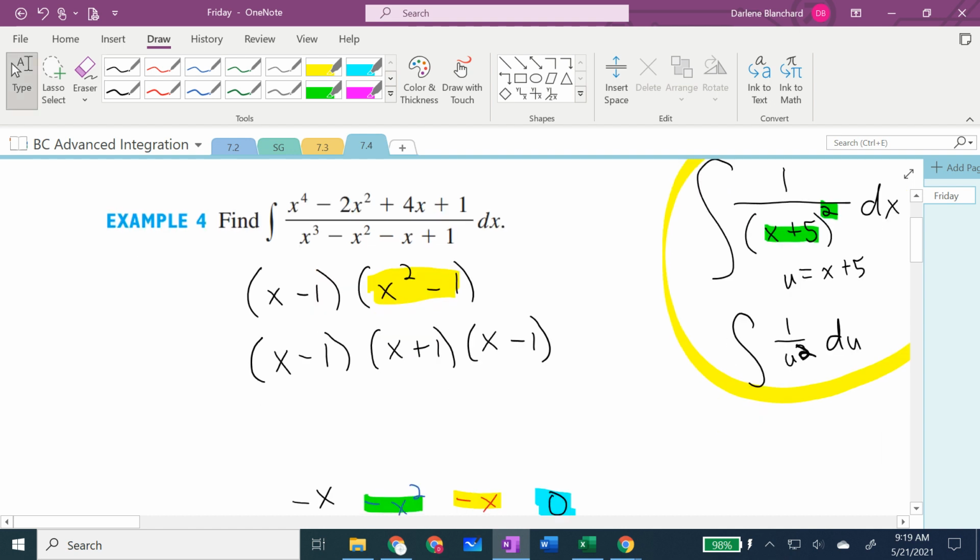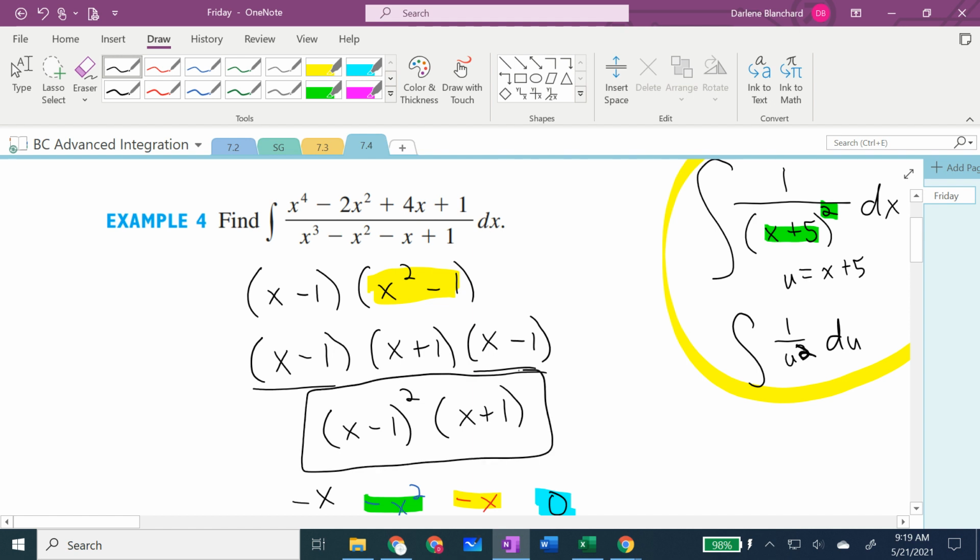And so with that, I brought these two together, and that gave us an x minus 1 squared and an x plus 1. And that is far easier to manage in an integration situation than this would have been as a denominator.